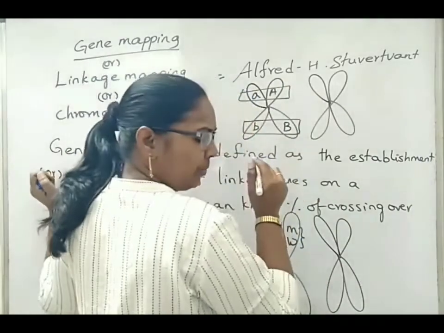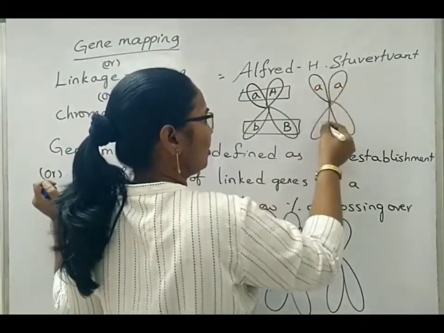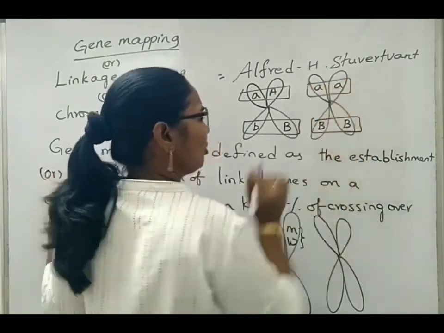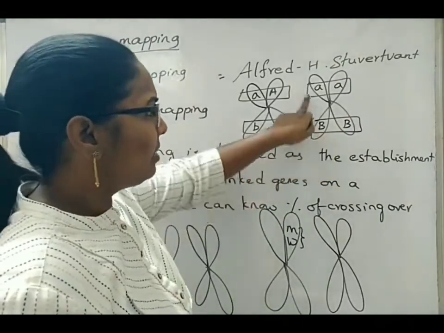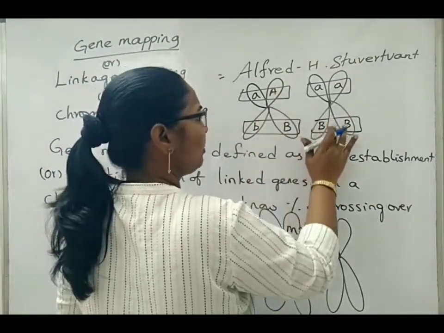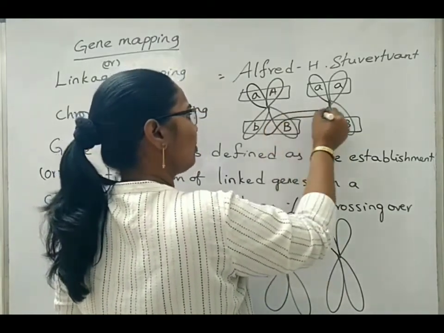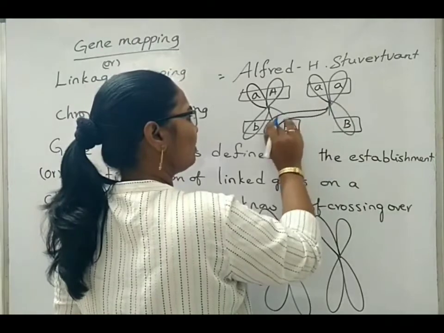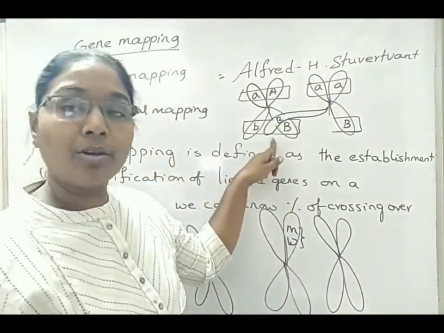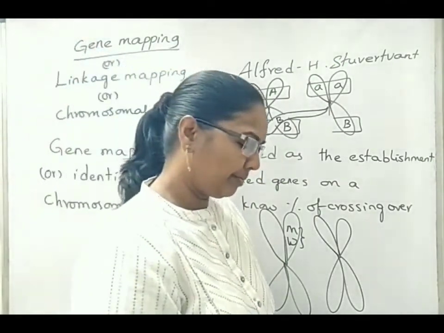Purely dominant one we will write, purely recessive one here, dominant one here, present on different loci. Since here there is more distance between the alleles, this arm or chromatid can cross with this homologous chromosome, and there is more chance of crossing over, so that we can obtain more number of recombinants.